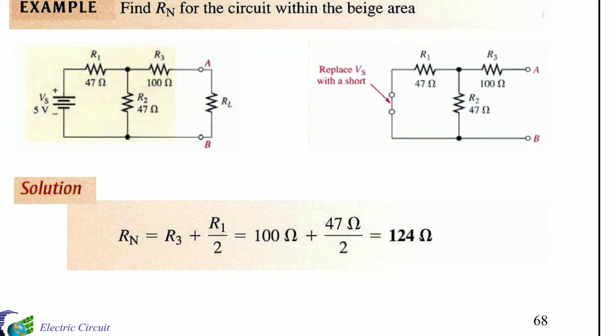Here R3 is 100 ohms and R1 into R2 by R1 plus R2 is 47 by 2. So this is 124 ohms. Norton's equivalent resistance is 124 ohms.